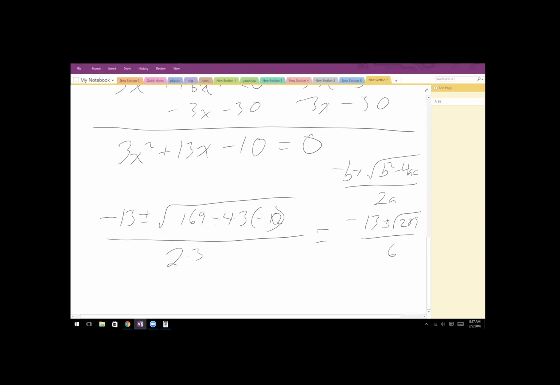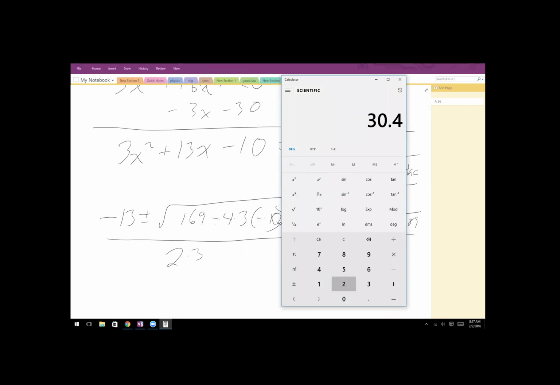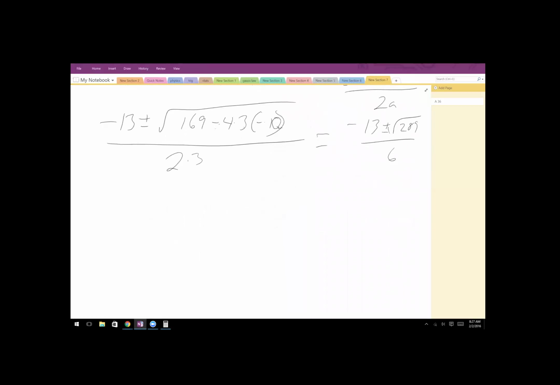Does anybody happen to know the square root of 289? No one's going to guess? 17. All right. So our two answers, we've got either negative 13 plus 17 over 6 or negative 13 minus 17 over 6.